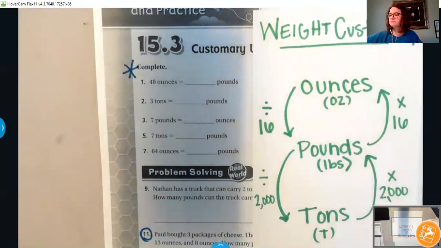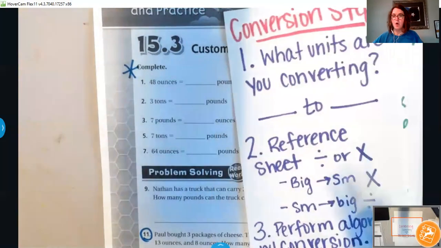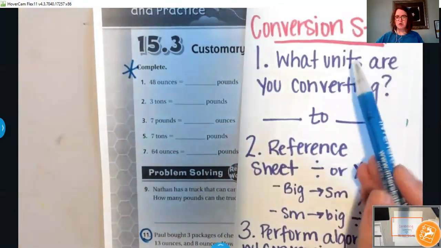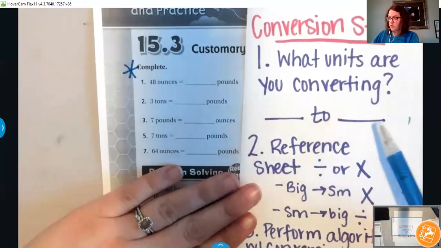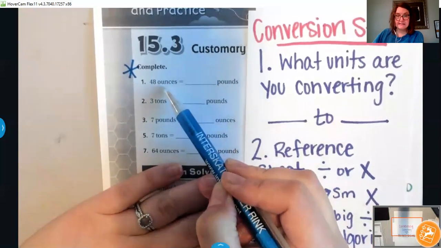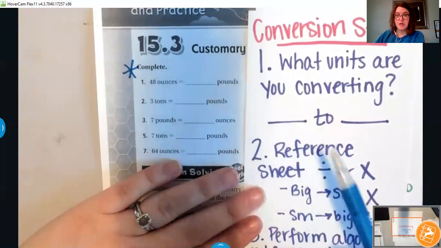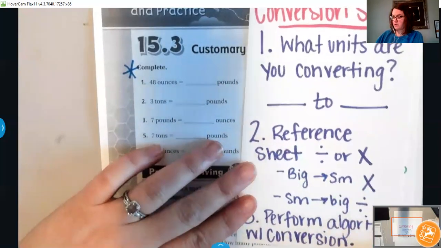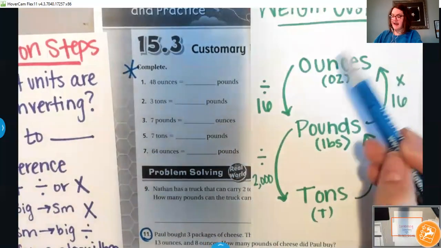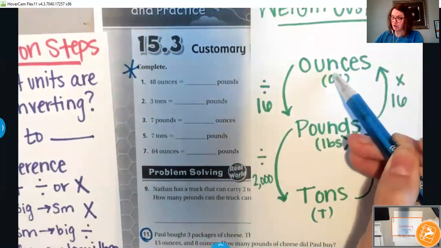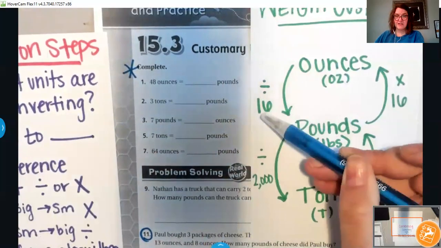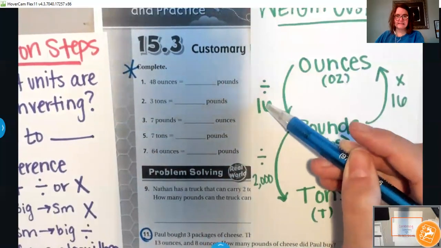Number one, what units are you converting? Blank to blank. Here we're going from ounces to pounds. So I'm going to go to my reference sheet and say ounces to pounds. We're going small to big, which means we're dividing by 16.